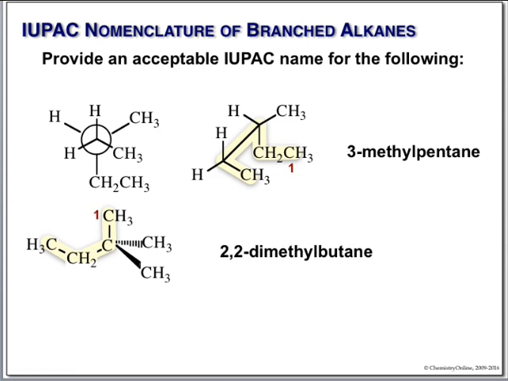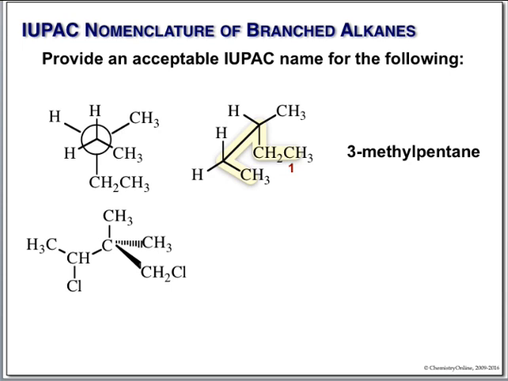Now, what if I took this molecule here, and instead of having a hydrogen down here, I pulled one of these off and put a chlorine on? Actually, I put 2 chlorines on. It's still going to be a butane, isn't it? Now, what's attached to our butane? We have 2 chlorines, so it's a dichloro.